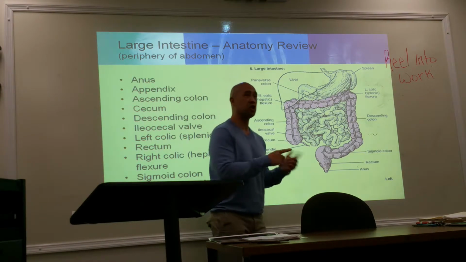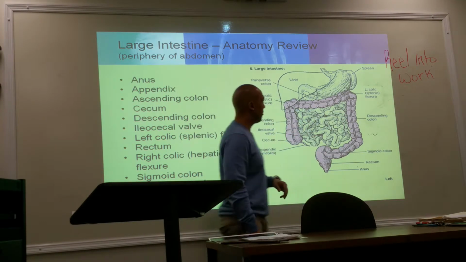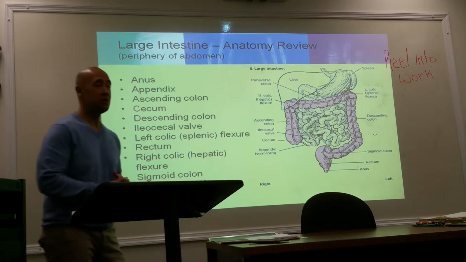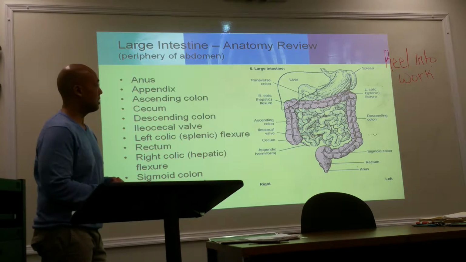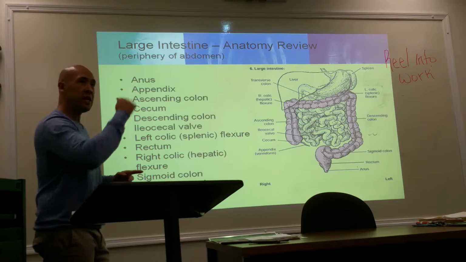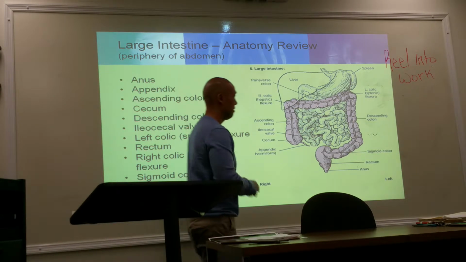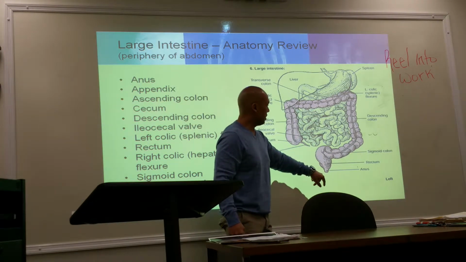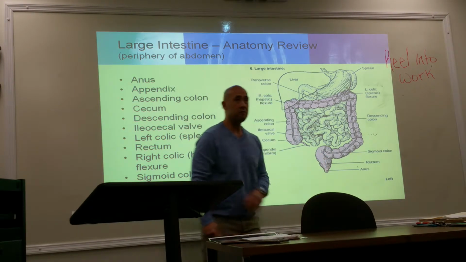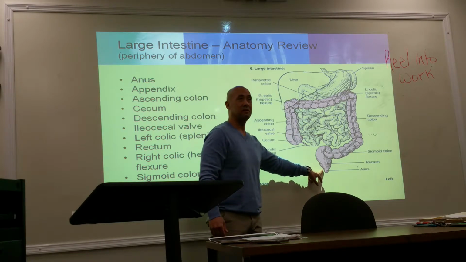It makes another sharp turn. At this turn is the left colic or the splenic flexure. It descends down to your descending colon. Then it takes a funny S-turn. This area is called the sigmoid. The extension of the sigmoid is the rectum, and lastly is the anus.